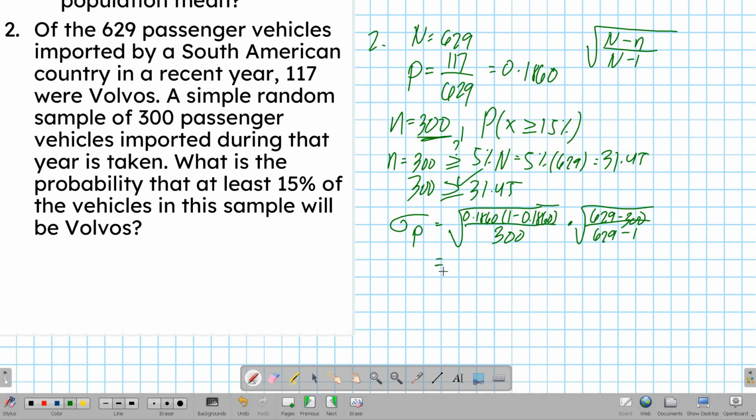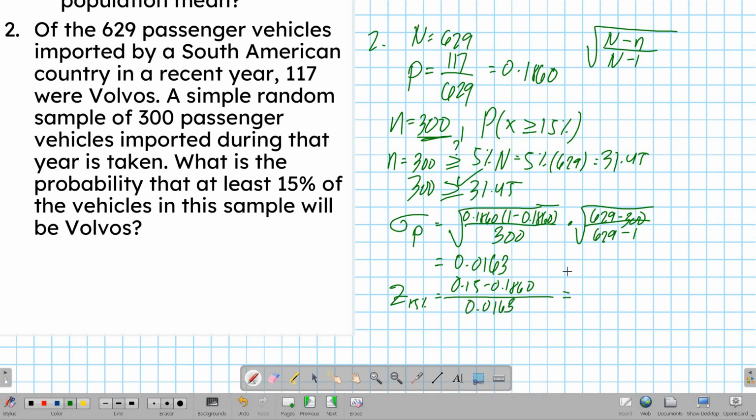Now, we compute that, and we get, at 4 decimal places, 0.0163. Hence, if we're now going to find the z-score for 15%, since this is a percent and this is in decimal, let's convert the 15% to decimal. That would be 0.15 minus 0.1860 over 0.0163.